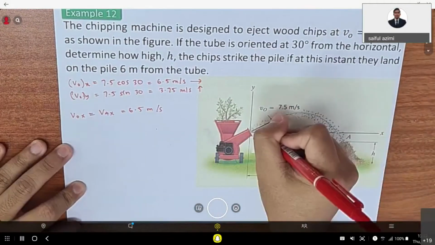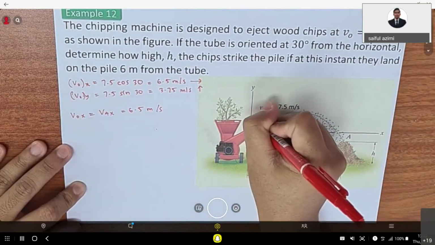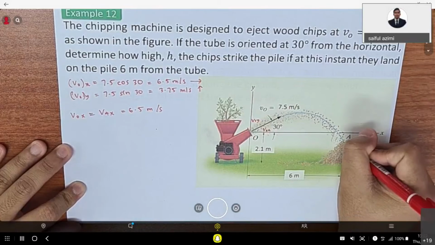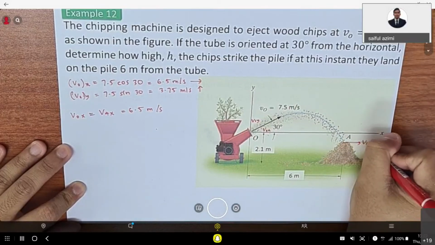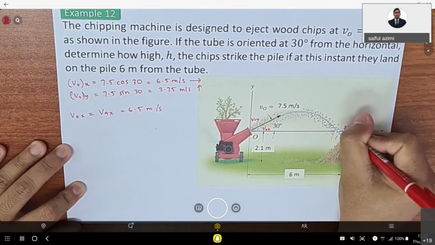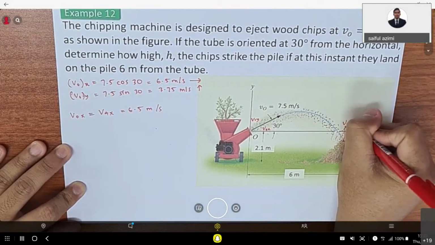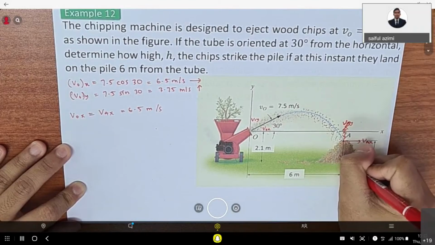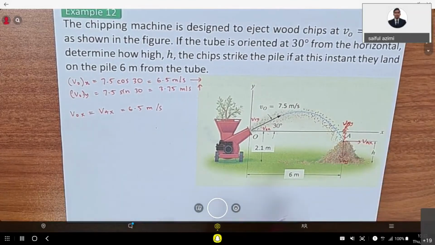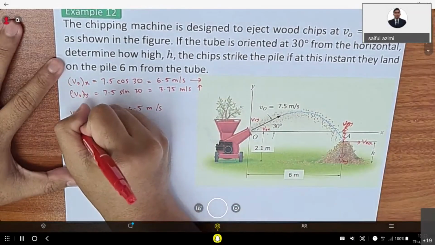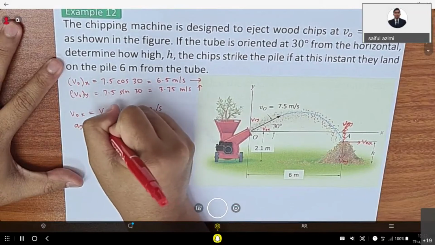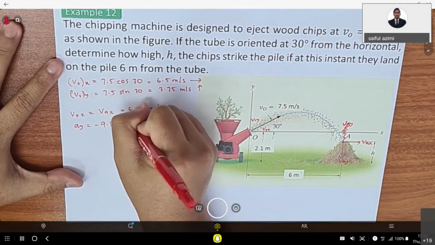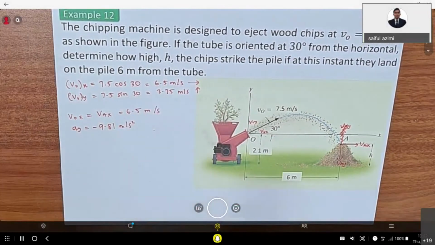So this is V0x, V0y, this is VAx, this is VAy. We also have the information ay equals negative 9.81 meters per second squared. As usual, we have gravity.